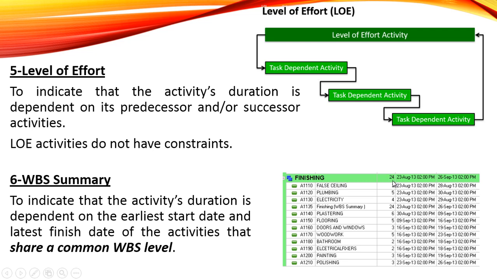Here is also one activity which is showing the WBS summary, that is also showing 24 days. This activity does not have any purpose regarding scheduling, meaning start and finish dates of the activities. It is just showing us the summary, as an indicator of how many days are required for the finishing WBS.